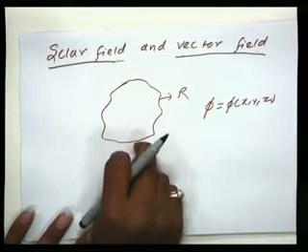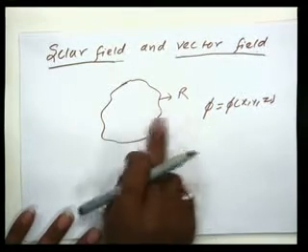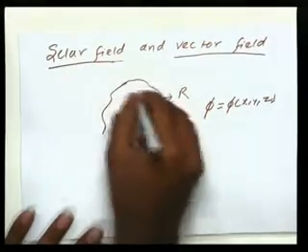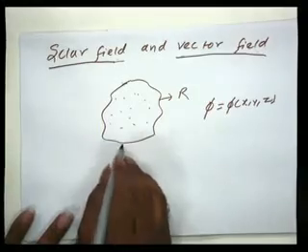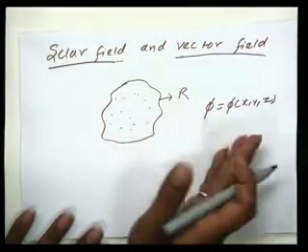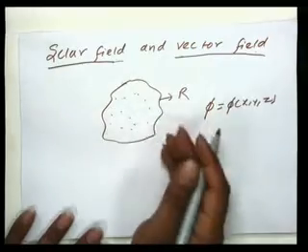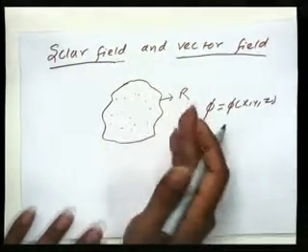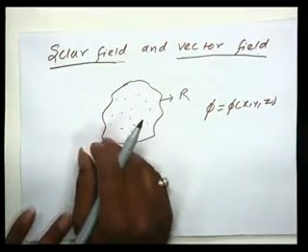Because at each point in the region it will have the same sense of scalarity. This means that at each point the properties of that scalar function will never change, and that's why it will remain a scalar function everywhere, and the field which represents this scalar function is called a scalar field.